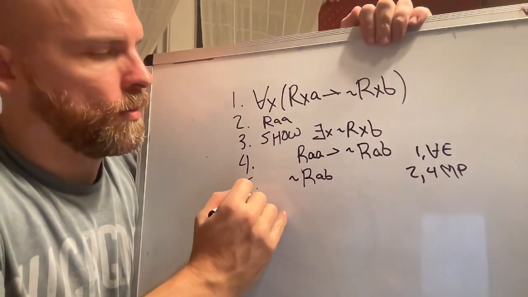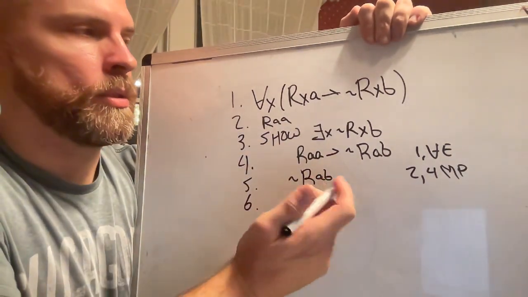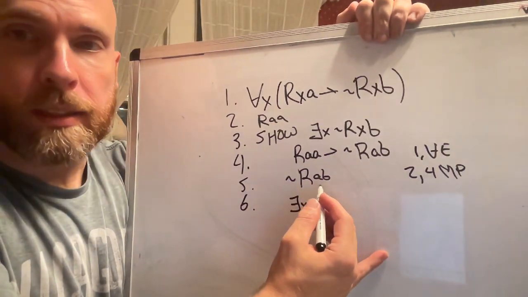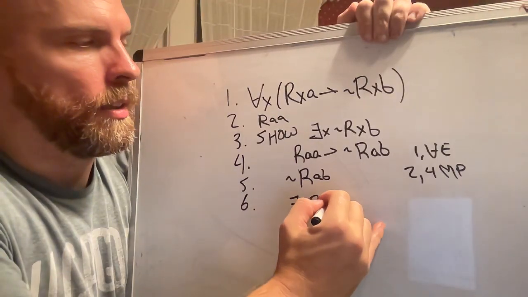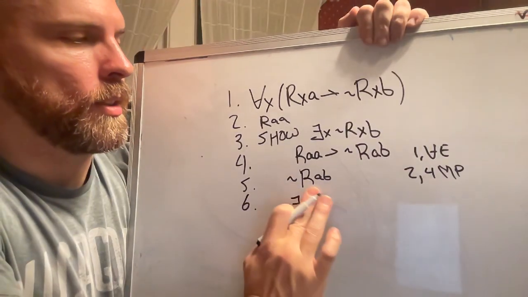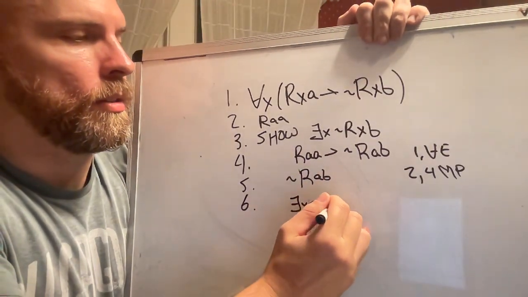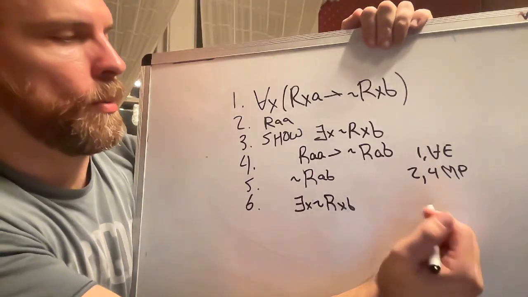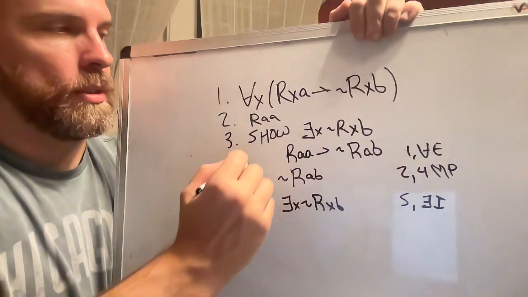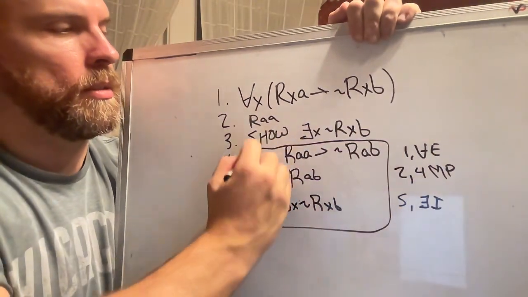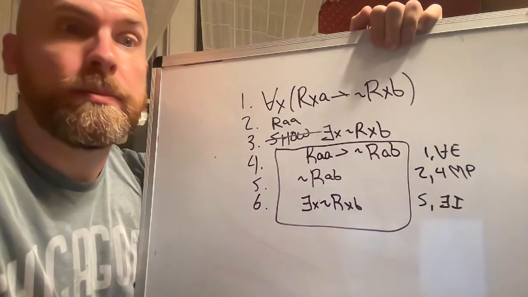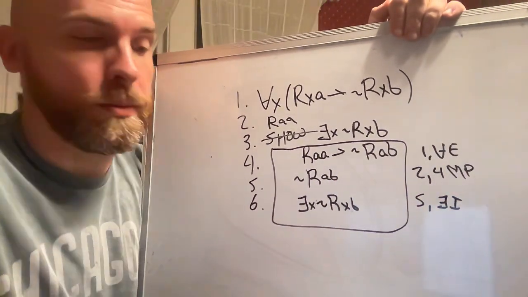And so from here, what we can do is just introduce our existential quantifier over the A place, so that we have, oh, I'm sorry, I forgot the negation, not RxB, which is what we were trying to show, and that is from 5, Existential Introduction, boom, did it, proved. All right, how you feeling about that? You want something harder? I get it.